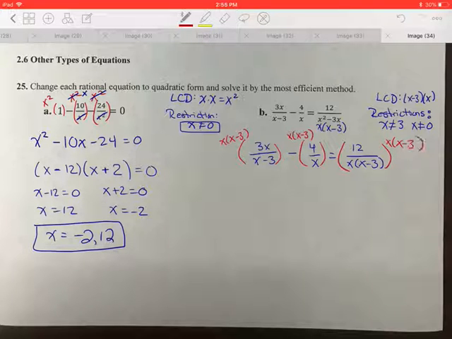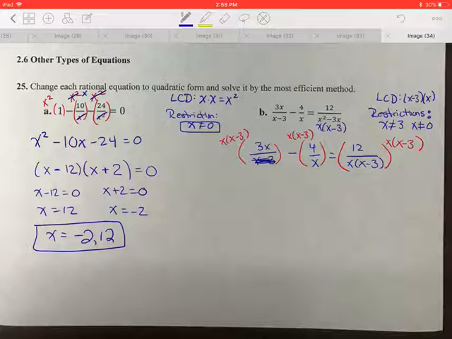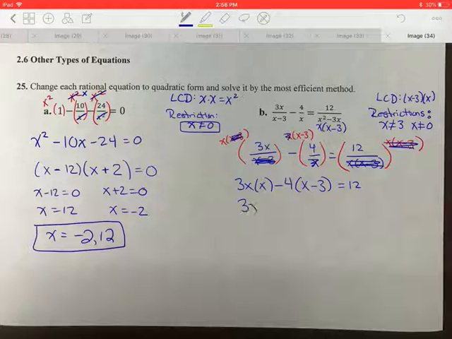If I've done this correctly, all of my fractions should fall out. The x minus 3's cancel, and I get 3x times that leftover x. Here the x's cancel, and I get a minus 4 times x minus 3. And here all of that cancels, and I get a 12. So that gives me 3x squared minus 4x plus 12 equals 12.